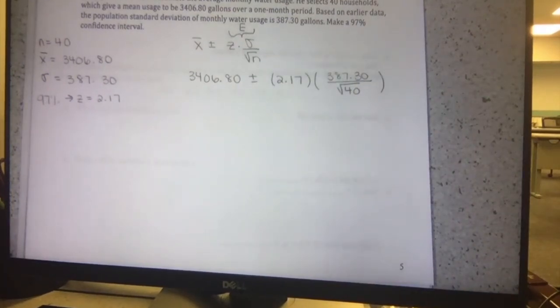We need to do plus and minus our error to give ourselves a confidence interval with that little bit of wiggle room.